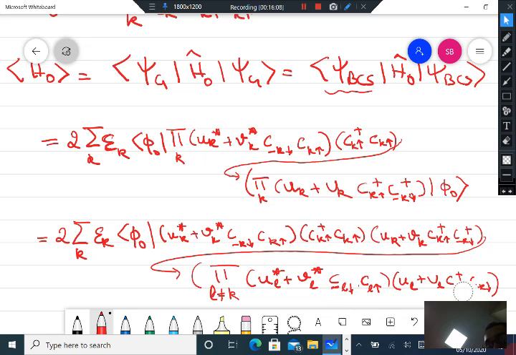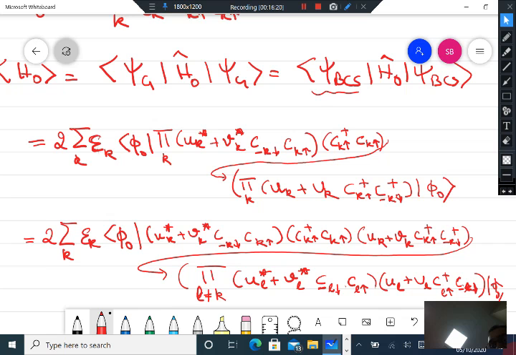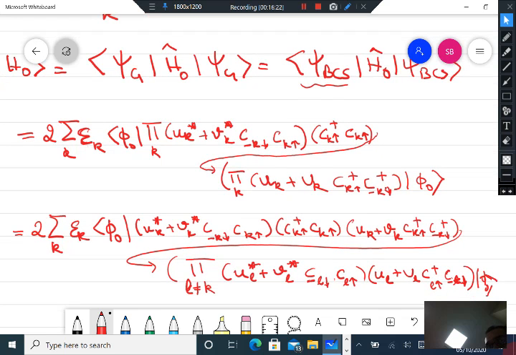Similarly, this will be c_{+l}↑ c_{+l}... c_{-l}↓ times φ0. Okay, this will be your vacuum.